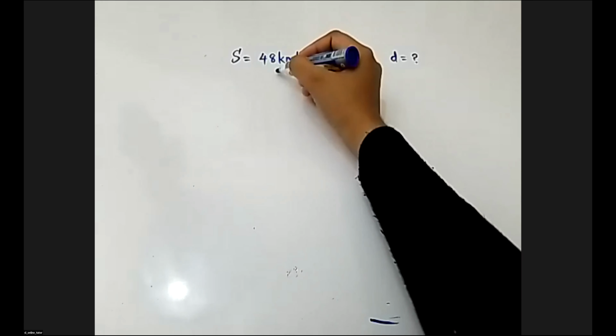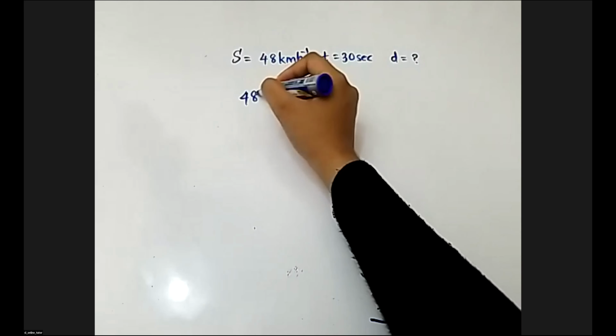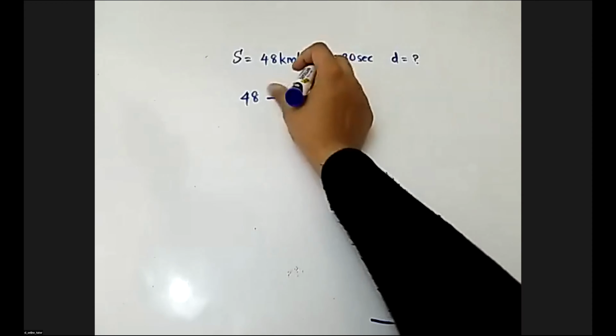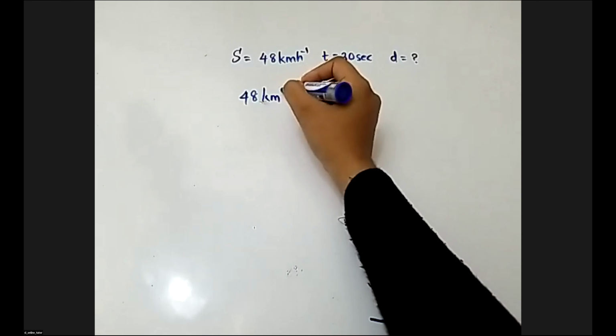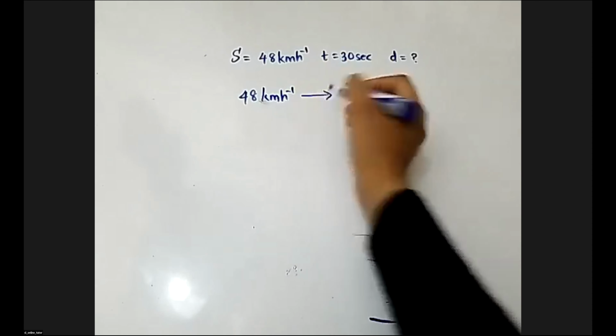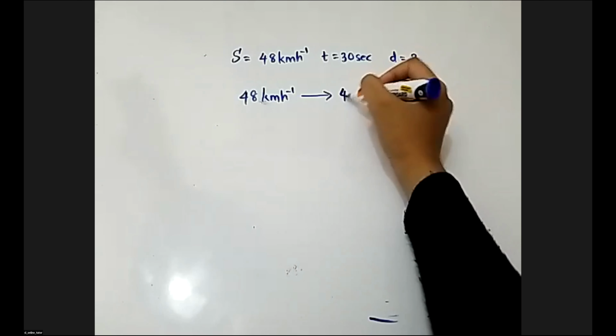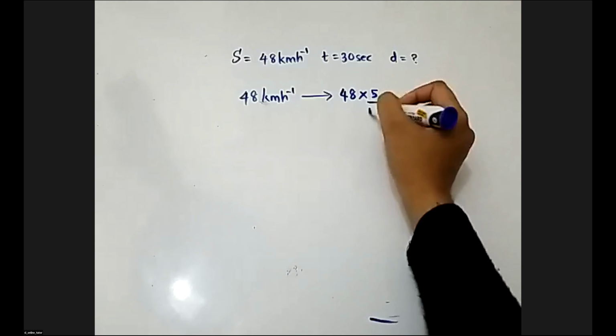Convert the speed to meters per second. 48 convert to meters per second. Then what should you do? You have to multiply by what? Can anybody tell me? Ashfa, tell me. By what should you multiply? 5 over 18 or 18 over 5? Yeah, very good. 5 over 18. Now I'm multiplying and converting.